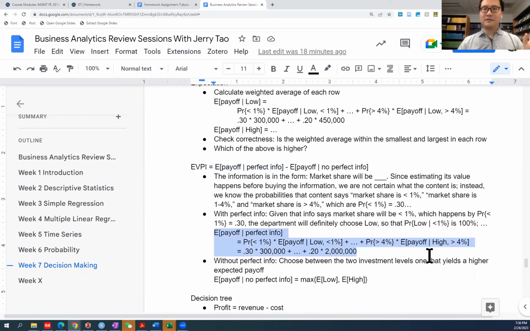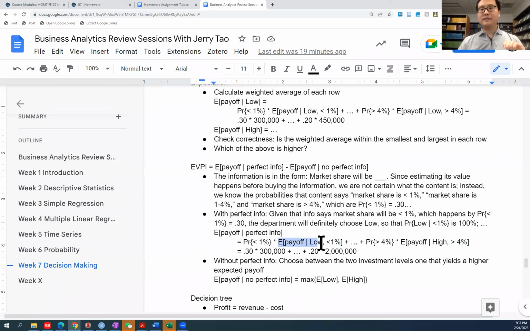And as I illustrated earlier, what's very important is getting the right payoff under each scenario. The perfect information could say that the market share is either smaller than 1, between 1 and 4, or larger than 4. I illustrated 2 parts. You can easily fill out the middle scenario.